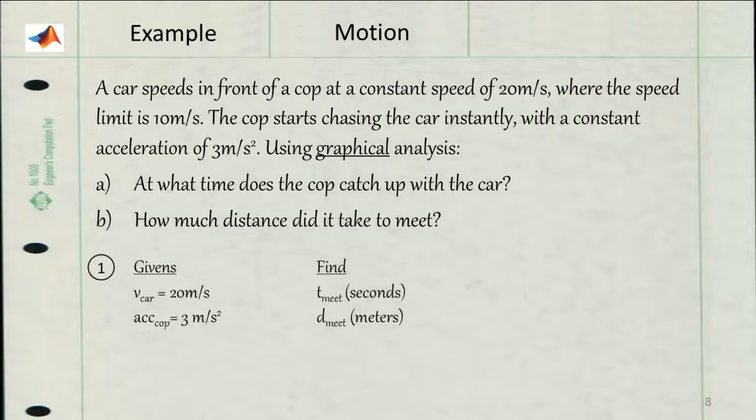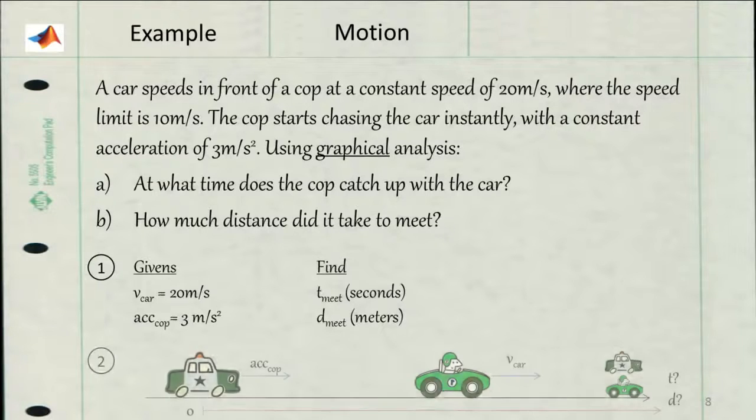Going through the steps. Two givens: the velocity of the car is a constant, and the acceleration of the cop is a constant. We are to find the time at which they meet and the distance at which they meet. As far as a little drawing, it's nice to realize that at the beginning the cop is at 0, the velocity of the car is constant, and we're trying to find the time and the distance when they meet.